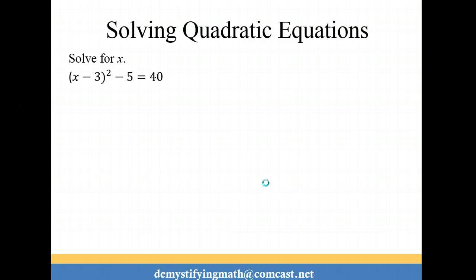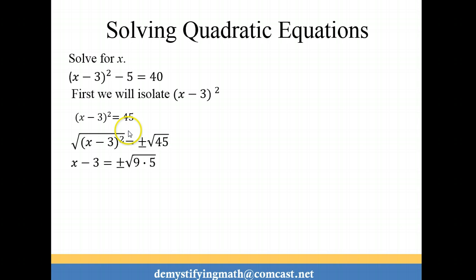For our last problem, we have (x minus 3) squared minus 5 equals 40. And we want to be able to isolate x. Now this time, it's not just x squared, it's x minus 3 all squared. So you really have to isolate the x minus 3 all squared first. So I brought the 5 over to the other side, and I have 45. Now because this whole thing is squared, I have to take the square root next to undo that.